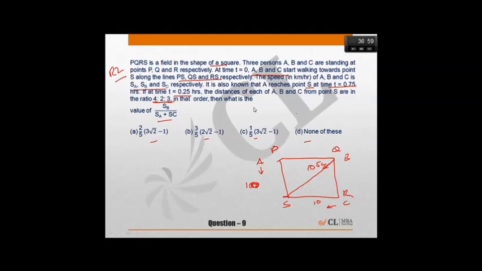So if I find the ratio of distance, if in 0.25 hours the distance of each of ABC from point S, I'm getting confused. Let me come back to this later. It can be solved. I just don't want to waste time. We'll come back to it later.